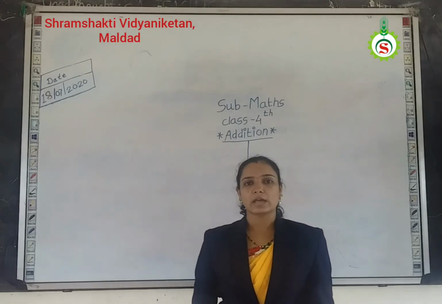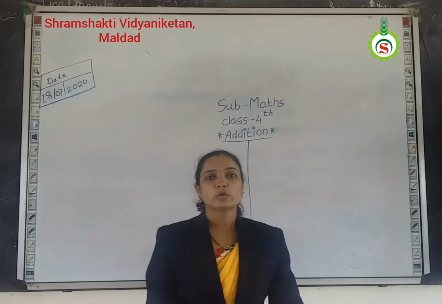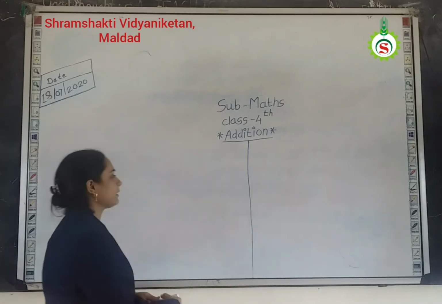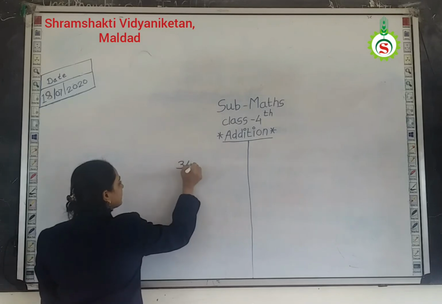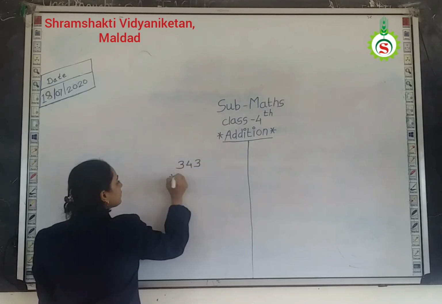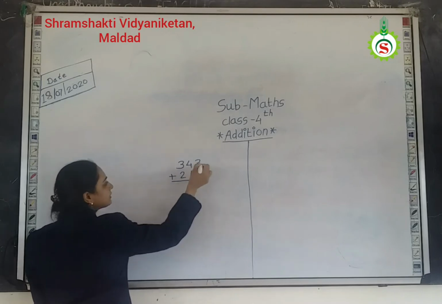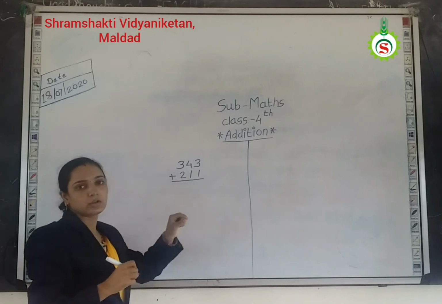Understand? Okay. Now students, first we will revise some examples from your third standard. Look here. Suppose one example is given: 343 plus 211.